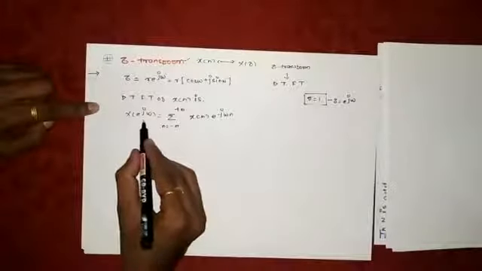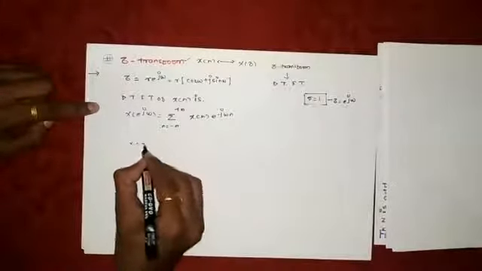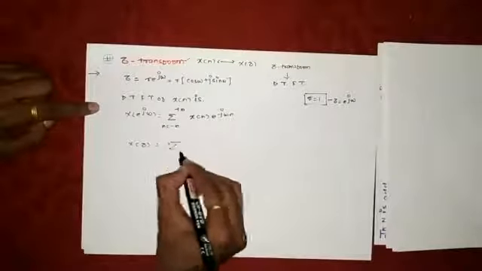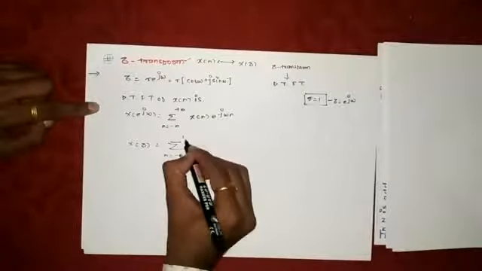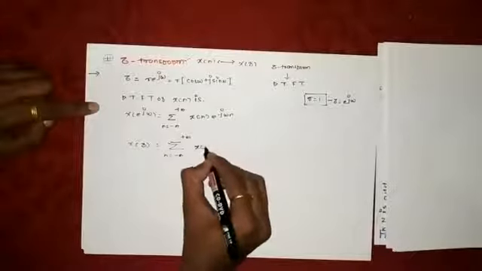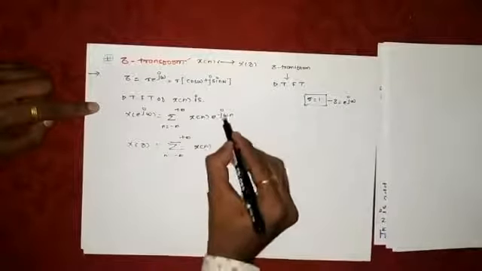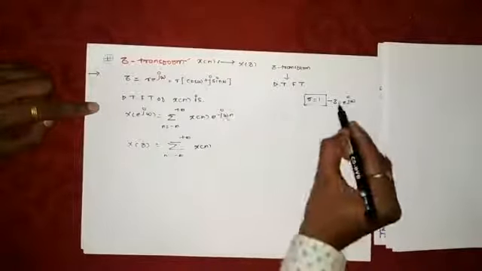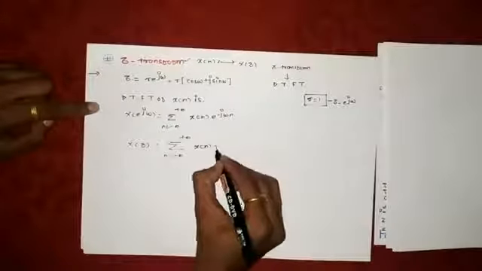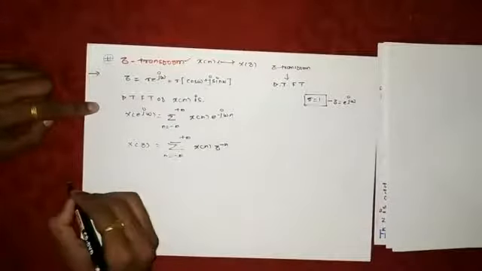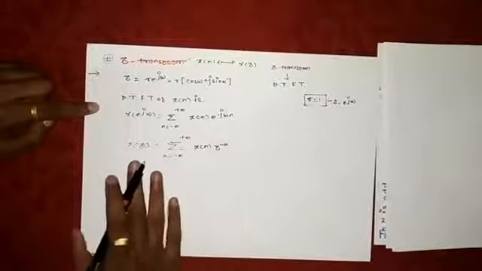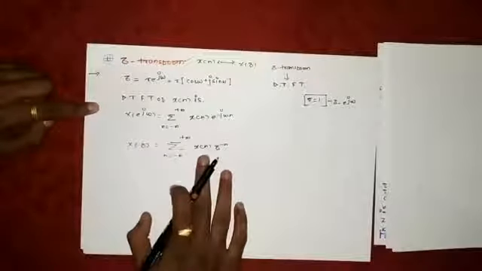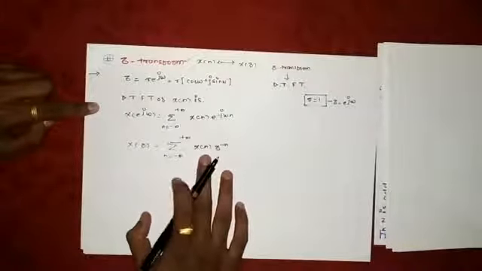If I replace this value in this equation, we get x of z is equal to summation from minus to plus infinity of x of n, and e raised to minus j omega is nothing but z, so I can write z raised to minus n. So this is the simplest equation for Z transform of input sequence x of n.